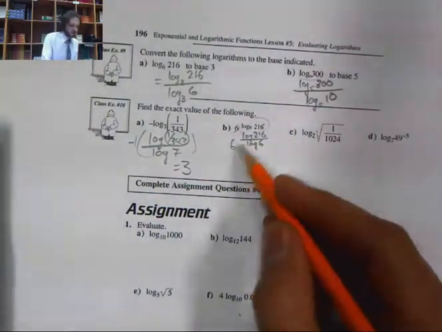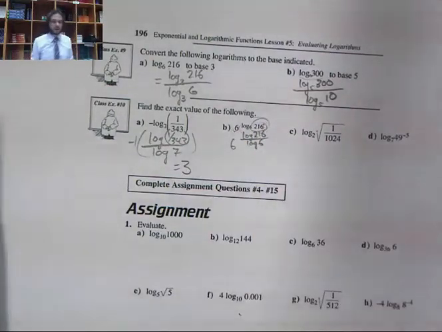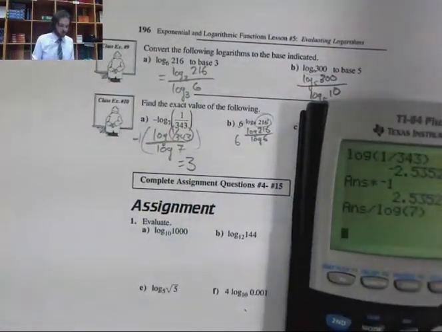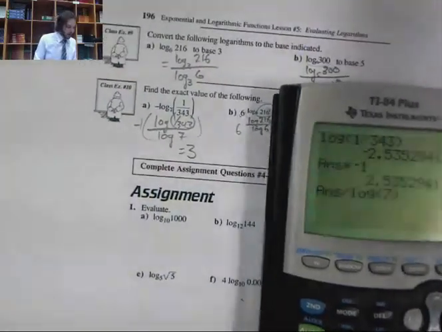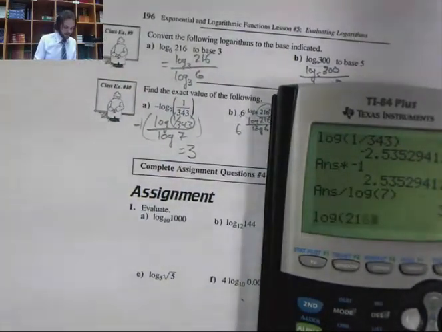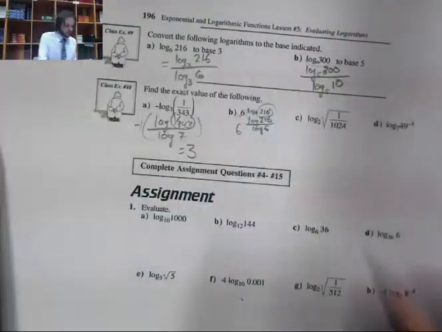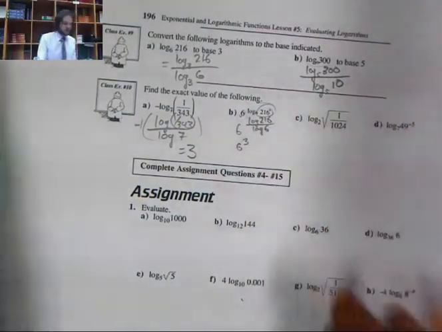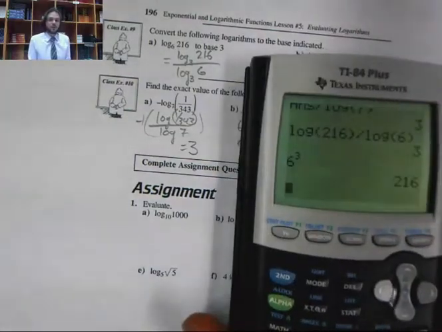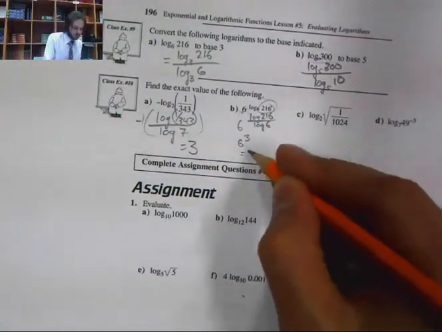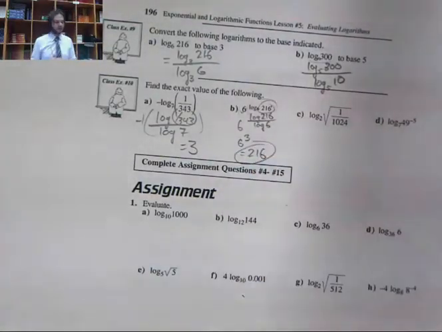We know this should be equal to this from our identity earlier, but let's check if it's right, because we might make a mistake like I did last time on the calculator. So we have log 216 divided by log 6, enter, and I get 3. So 6 to the power of 3 is 216. That's exactly what we said it was going to be. So that's how we do that one.